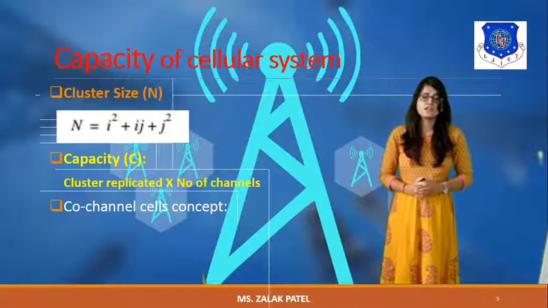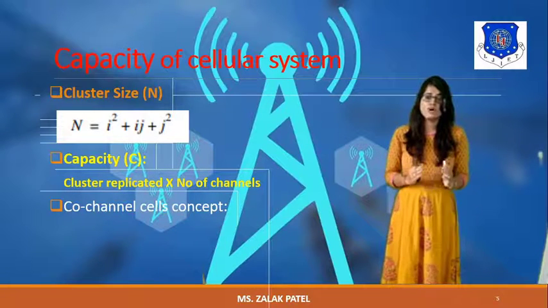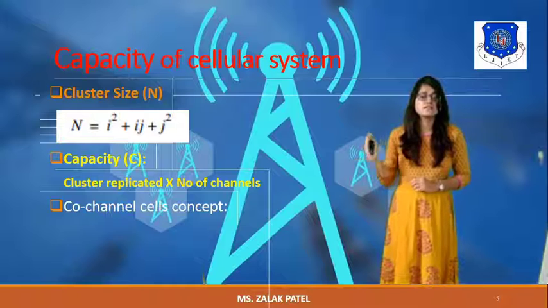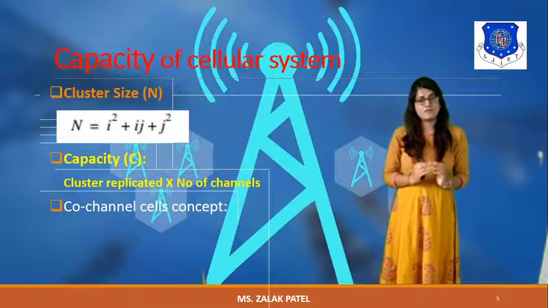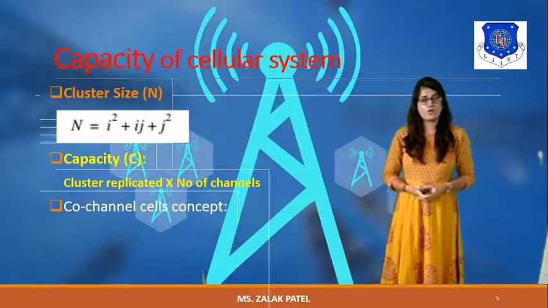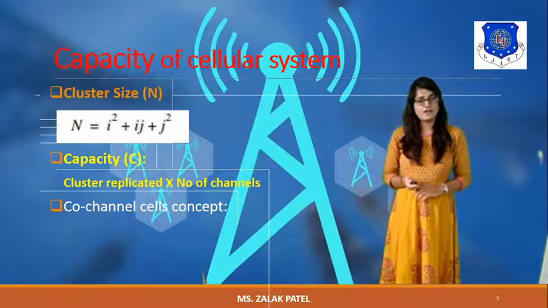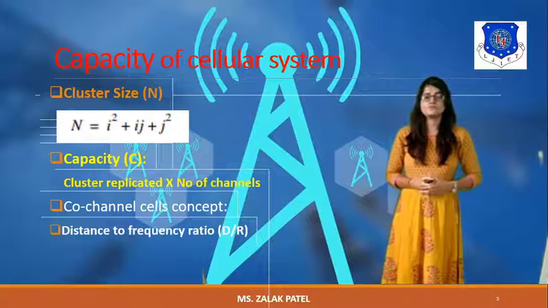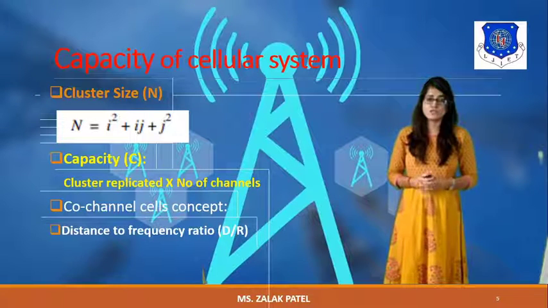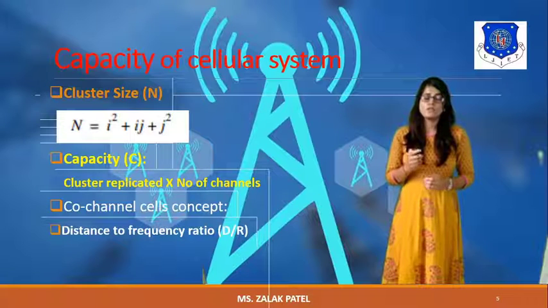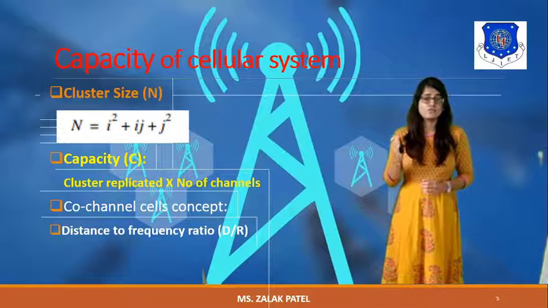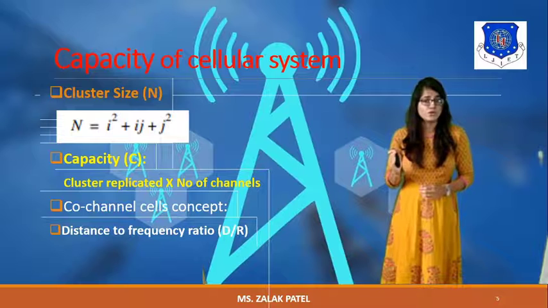Basically, co-channel interference means the number of cells that use the same set of frequencies, or we can say that the interference between the co-channel cells is called co-channel interference. Now, the distance to frequency reuse ratio also matters, which we will see in the next lecture. Up to this point, we can see that the distance to frequency reuse ratio depends on the cluster size.